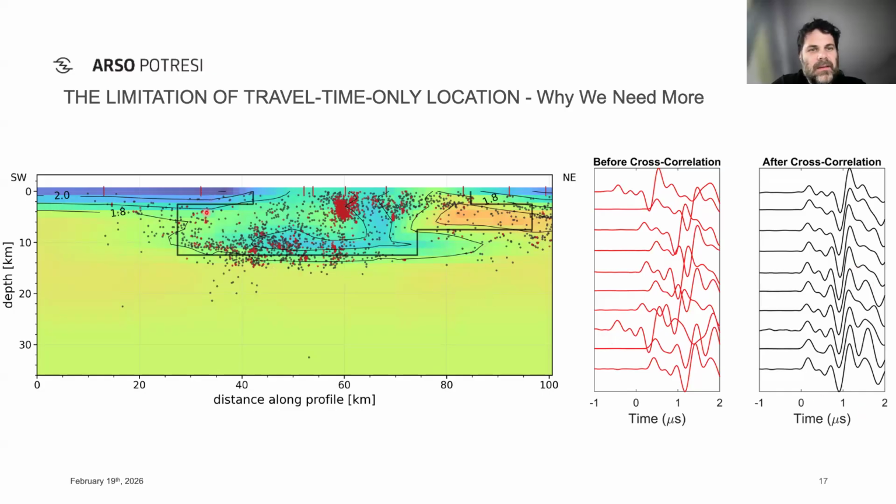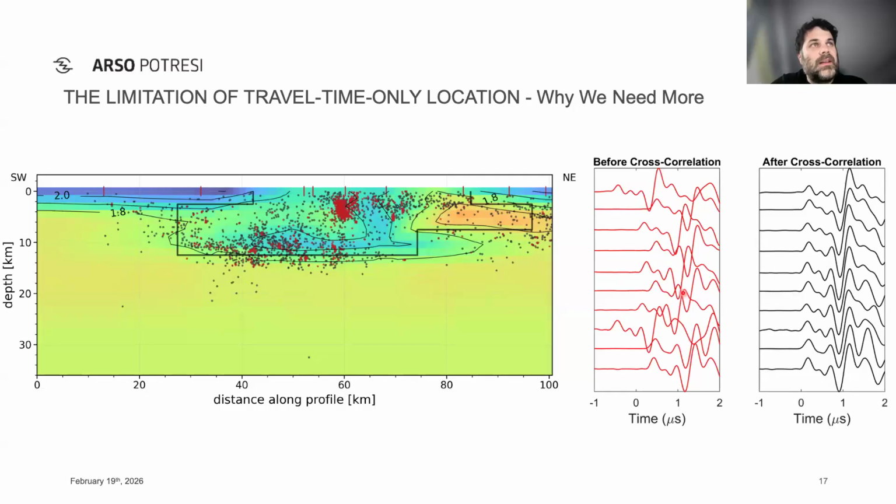So when we are dealing with velocity model unknowns, one approach is to calculate so-called source-specific station terms, which I will explain in more detail in the next slides. And this allows us to model also the unknowns in our velocity model.